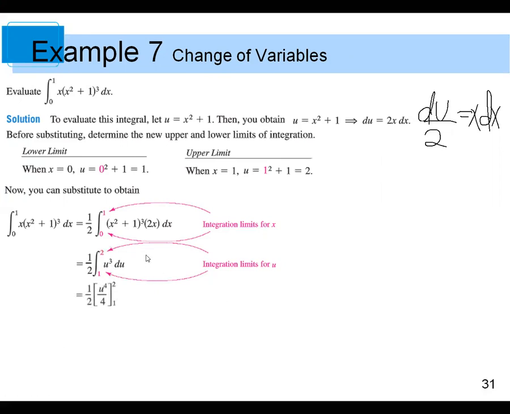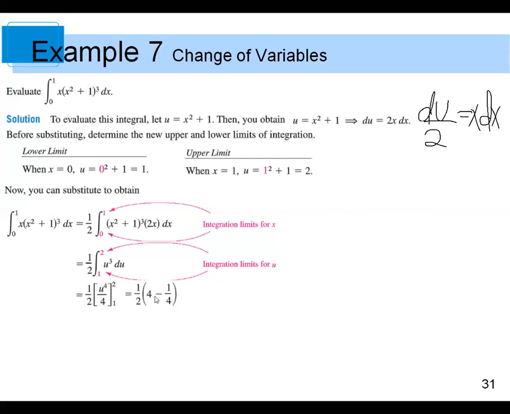Now I anti-differentiate and I get u to the 4th over 4 times 1/2, which would be u to the 4th over 8. But notice I don't have to back substitute to get this in terms of x anymore because I created an equivalent integral in terms of u. I changed the limits to be in terms of u. So now I can just plug in 2 and 1 and subtract.